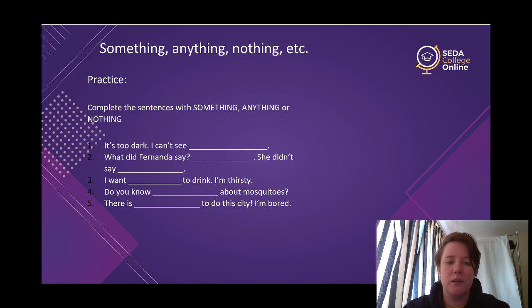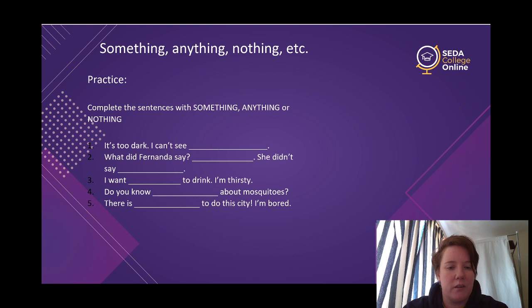Okay, so number 1, it's too dark, I can't see. Negative. What did Fernanda say? She didn't say. So think about the first answer and then think about the second answer. Remember the first answer, what did she say? But then you're looking at the second answer to see. Okay, so kind of work that out.